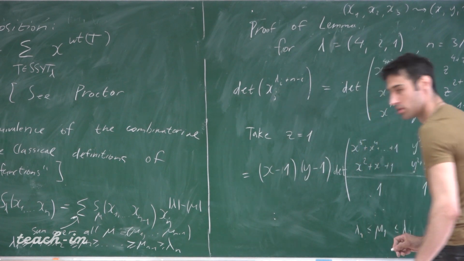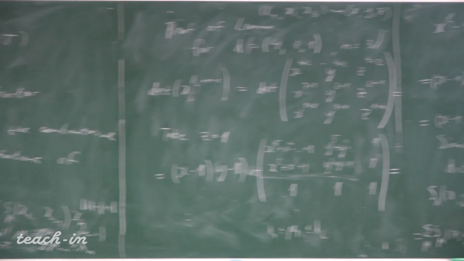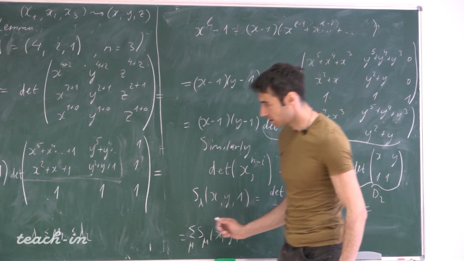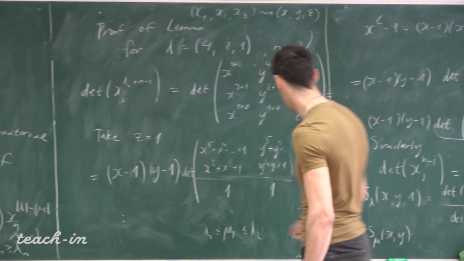Excuse me, Professor? Yes. Sorry, I think I got lost. What is this S lambda x, y, 1? I don't understand a bit of the notation. I understand up to the determinant of x_j to the n minus i being equal to this. But then you wrote S lambda x, y, 1. Yes. So my S lambda is now a function of three variables, x, y, and z. We agreed in the beginning that I'm posing z equals 1.